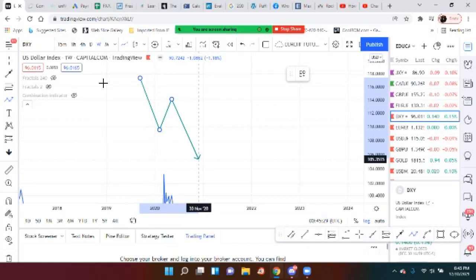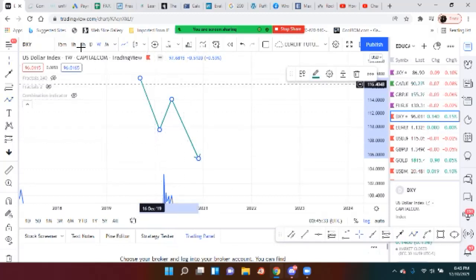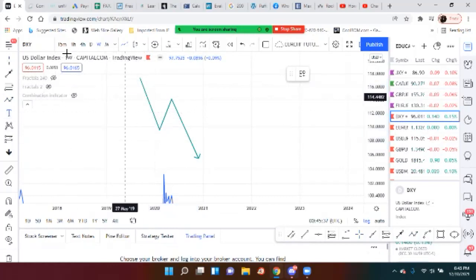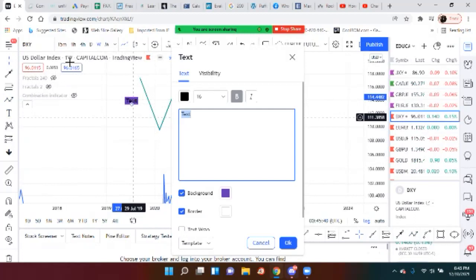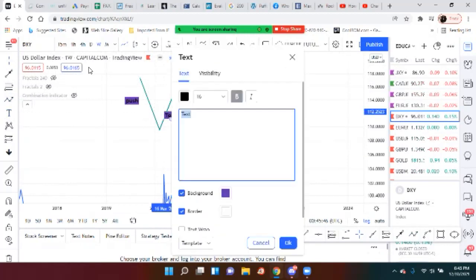Phase number three, lower low. That's if you're on a downtrend. So all you need to understand is what phase you're in. Are you in the push phase? Are you in the pullback phase?